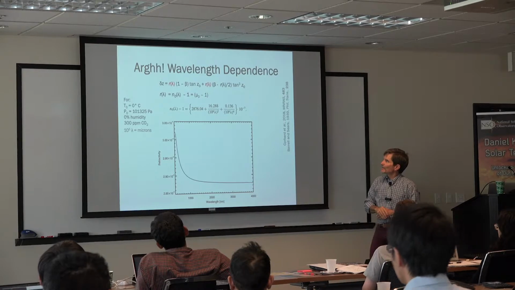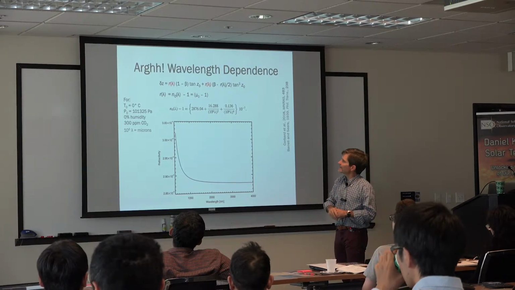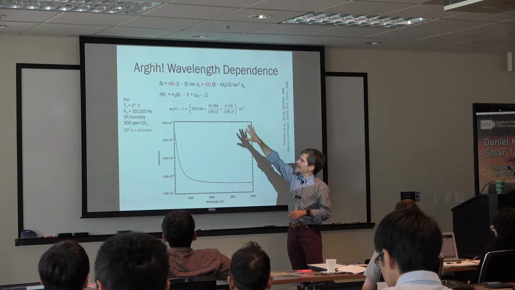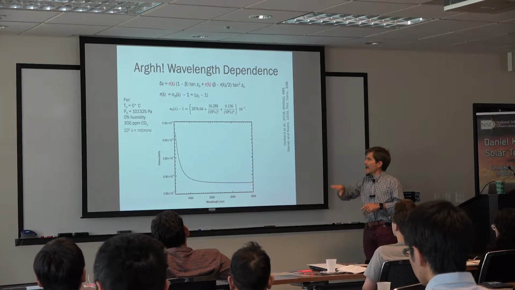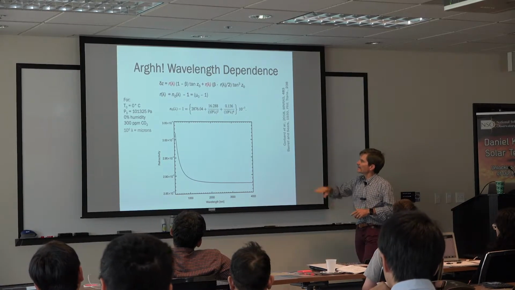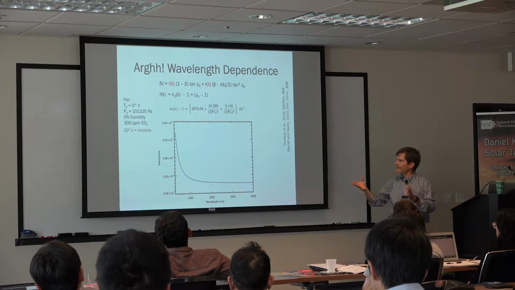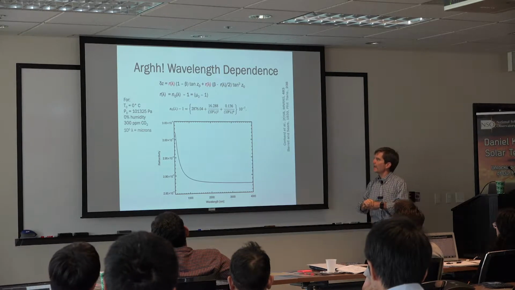So that simple tangent formula has this wavelength dependence. The wavelength dependence of the refractivity of the air was calculated and can be approximated pretty well by a formula like this for standard temperature and pressure and so on.